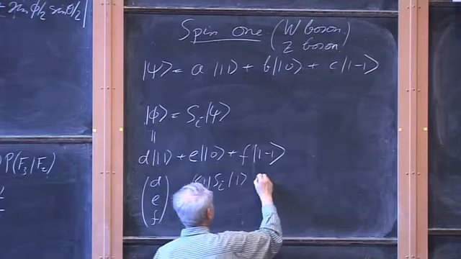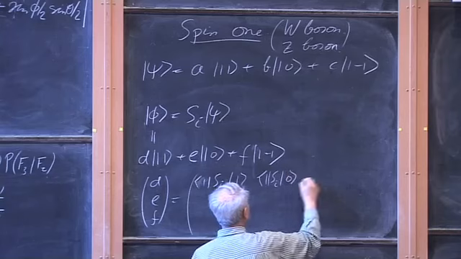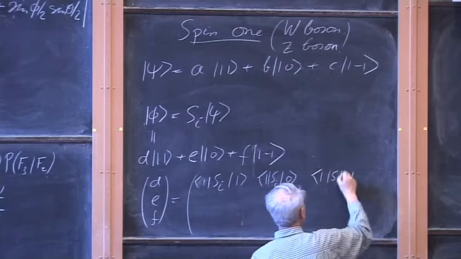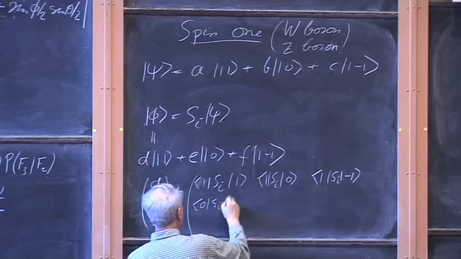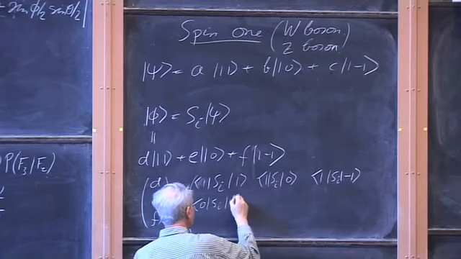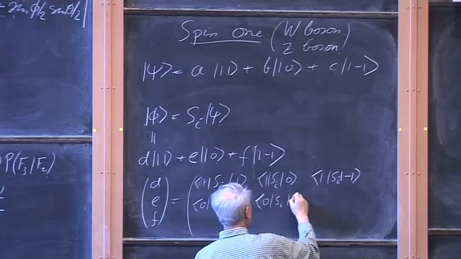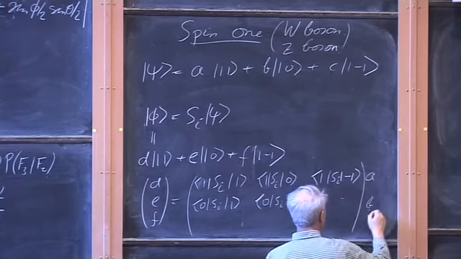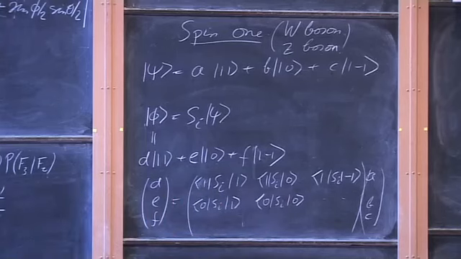So we have a 3 by 3 matrix operating on A, B, C. This is how we will concretely do our computations.